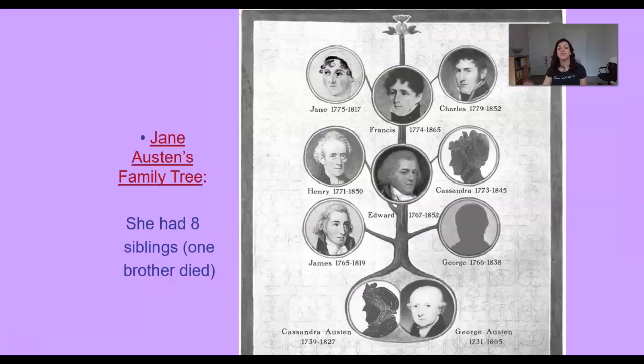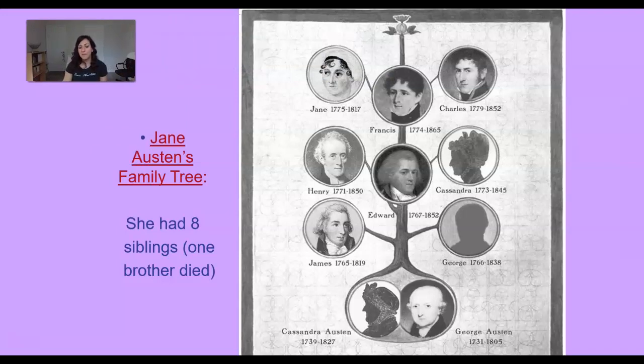Now, here's a family tree that I would like to show you guys. This is the Austen family. Jane Austen had 8 siblings. Yes, they did not believe in protection back then. And so there were 8 of them. And if you notice, there were only 2 girls in the entire family. Notice the portraits that are kind of blocked out.